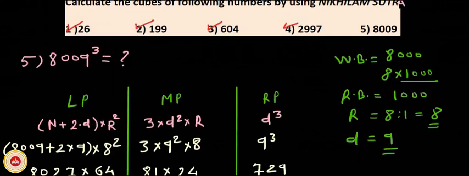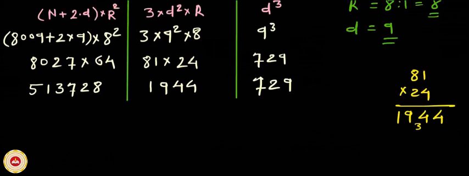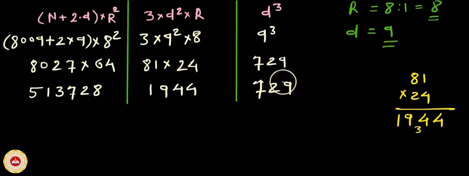Now let us balance it. To balance, count the number of zeros in the real base. There are 3 zeros. It means that we need 3 digits in the right part and middle part. How many digits are there in the right part? 3 digits. So no need to make any changes in the right part. Come to the middle part. How many digits are there in the middle part? 4 digits. It means that the leftmost digit, which is 1, is an extra digit.